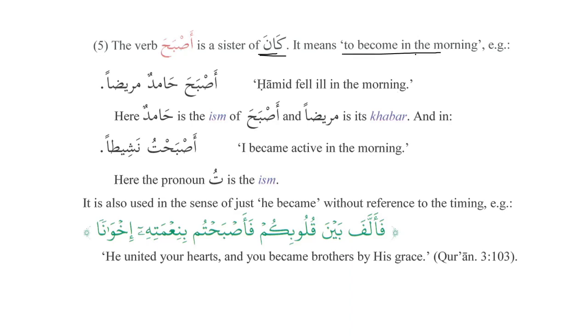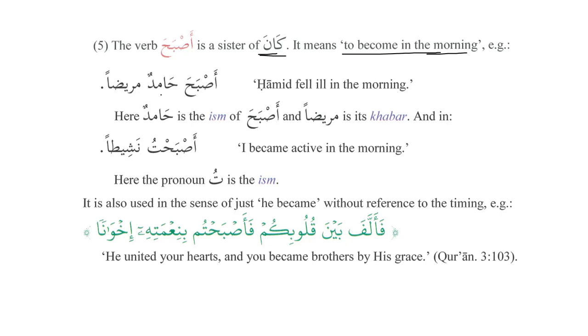Sometimes when we do something in the morning, we say asbaha. When we say asbaha hamidun maridan, now it gives the meaning to become: Hamid fell ill in the morning. Hamidun is ismu asbaha, and maridan is khabaru asbaha.